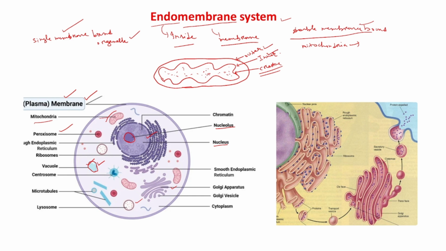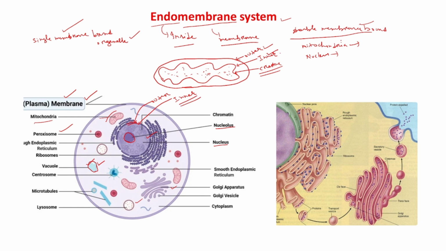For example, the nucleus. Look at the nucleus structure. Here it has two layers. This is one layer, and inside it another layer is present. The outer layer is called the outer membrane, and the inner layer is called the inner membrane.